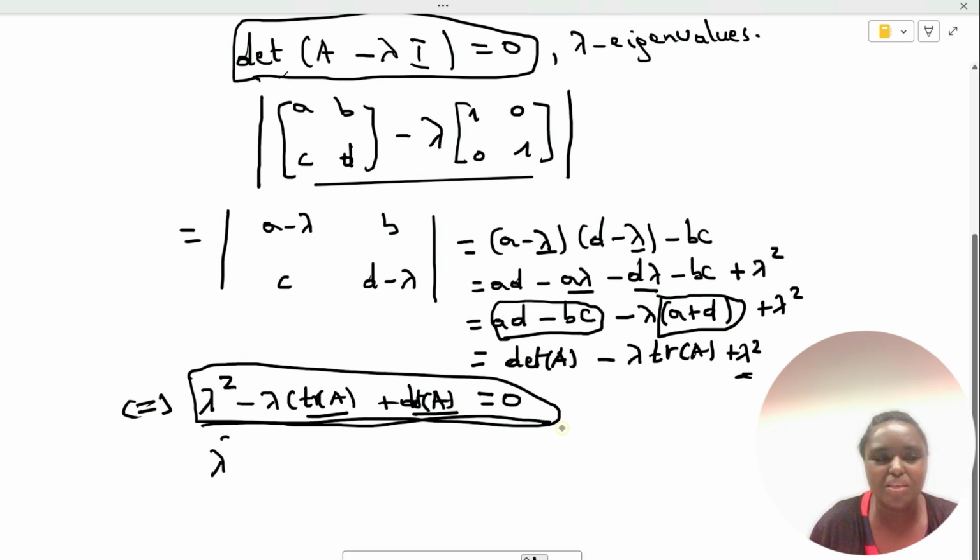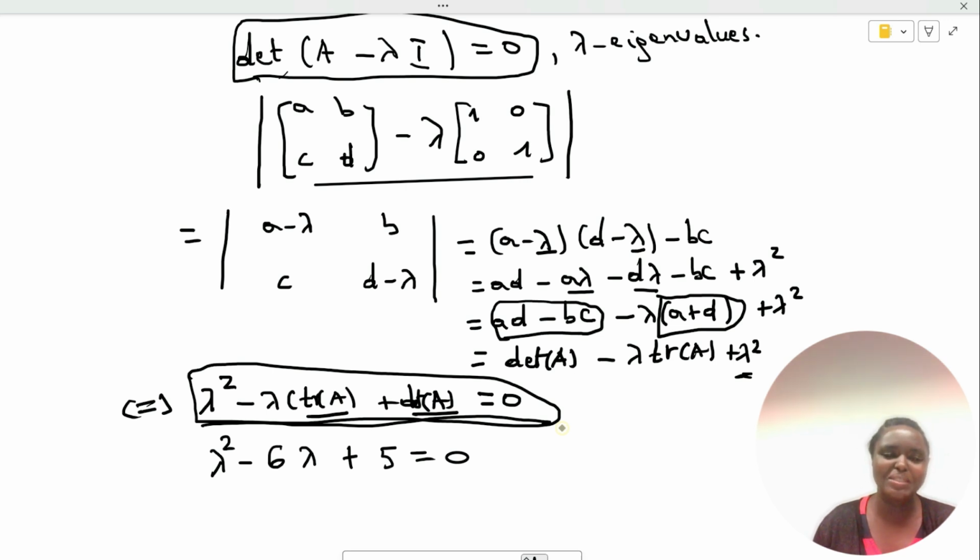We have lambda squared minus the trace of A, they have said that it's 6, so minus 6 lambda, and then plus the determinant of A, which they said is equal to 5, equal to 0. When solving this kind of equation, as I told you in my previous video, when we have 1 here, we find the two numbers whose sum is minus 6 and whose product is 5.